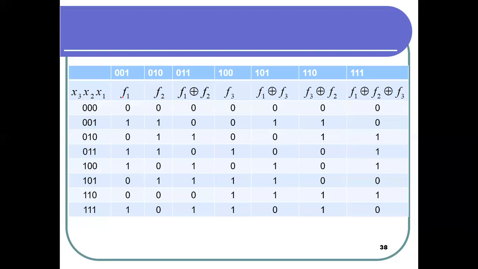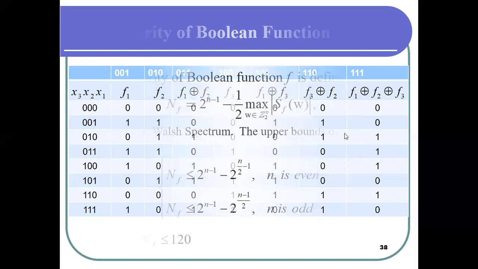So I take F1, F2, and F3. I calculate F1 XOR F2, then F2 XOR F3, then F1 XOR F2 XOR F3. So I just calculate this.